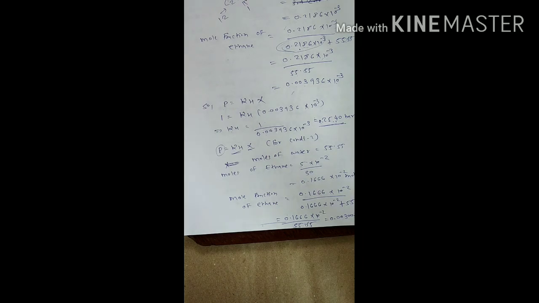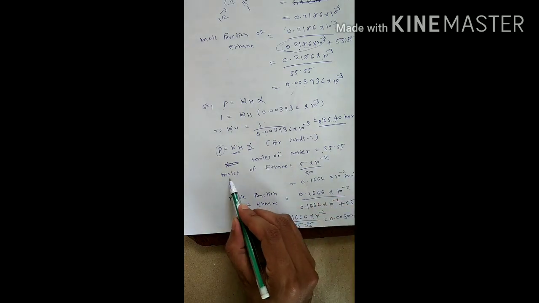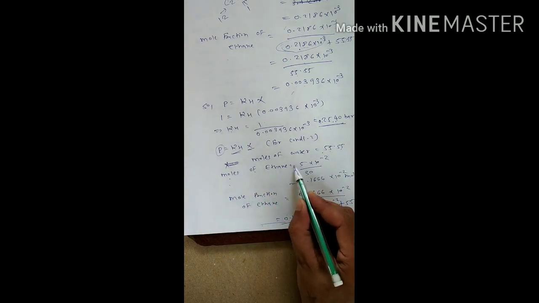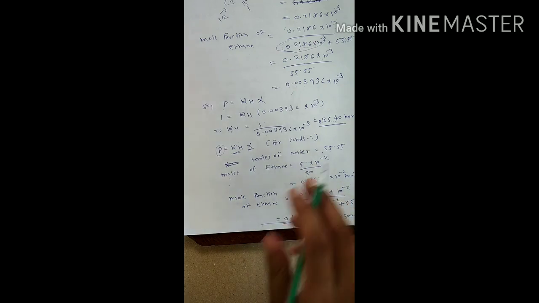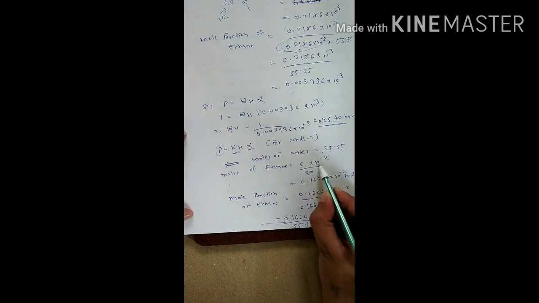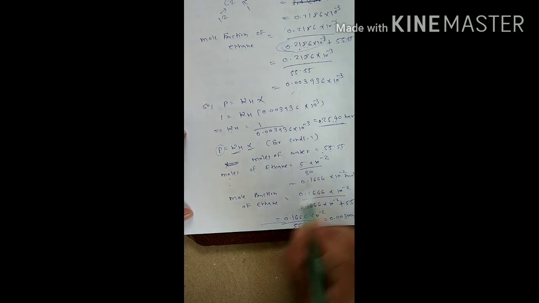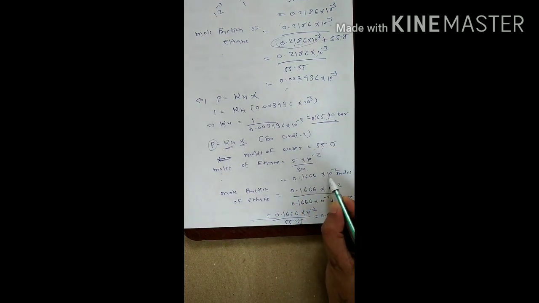So moles of water will be 55.55, and moles of ethane is equal to mass of ethane divided by molecular mass. For the second condition, mass is given as 5 into 10 raised to minus 2, so I have written 5 into 10 raised to minus 2 divided by 30. You will get 0.1666 into 10 raised to minus 2 moles.